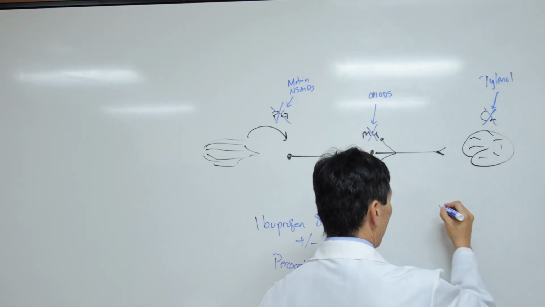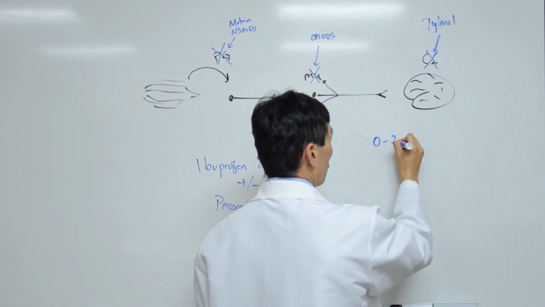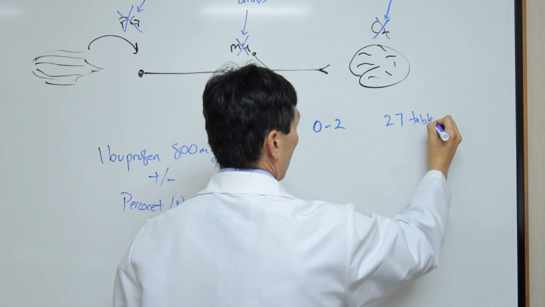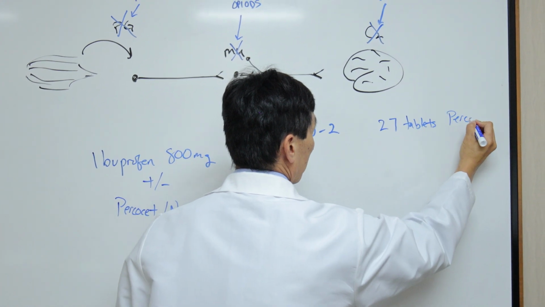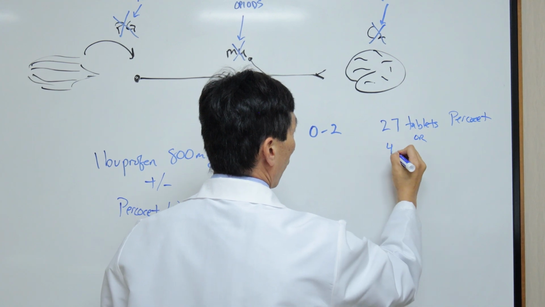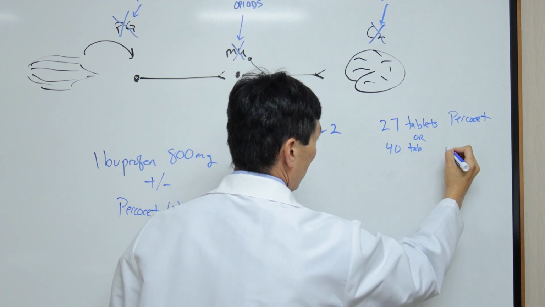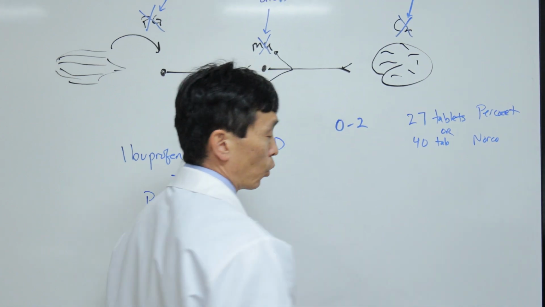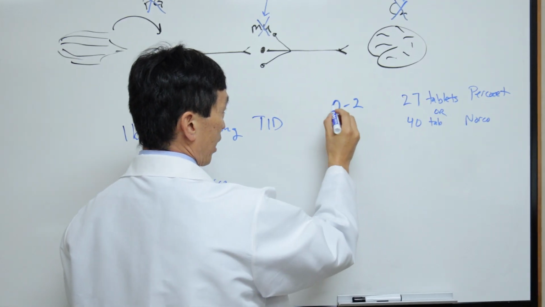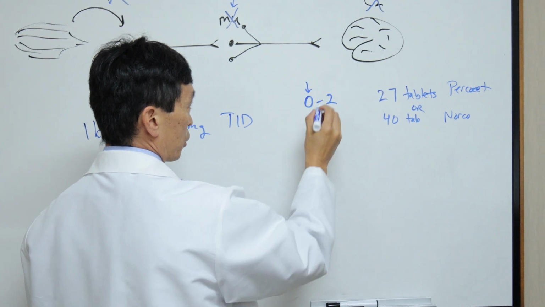So at the 0 to 2 weeks, we will prescribe 27 tablets of Percocet or 40 tablets of Norco, because Norco contains less morphine equivalents. So we will prescribe this at the time of surgery.